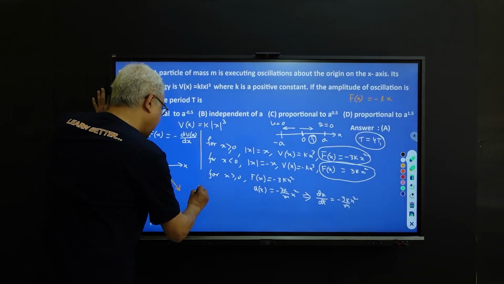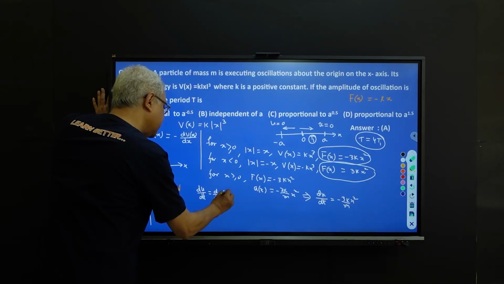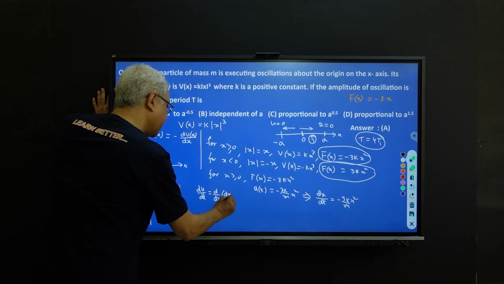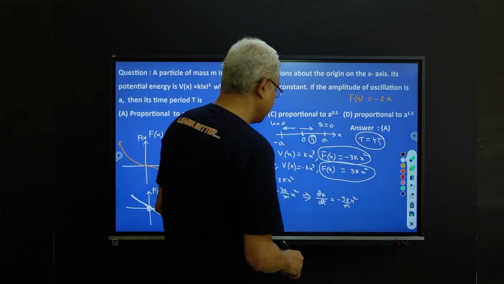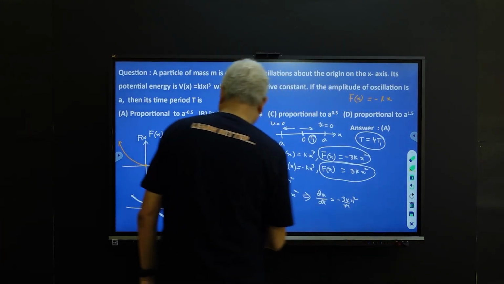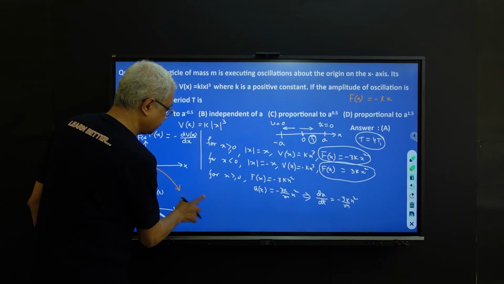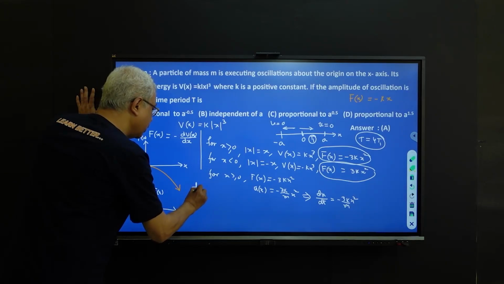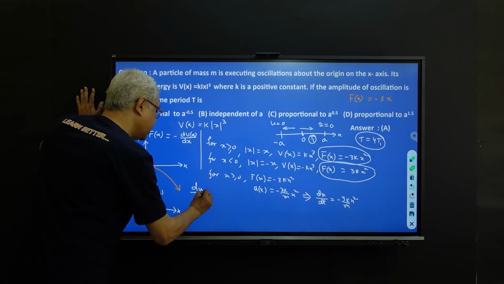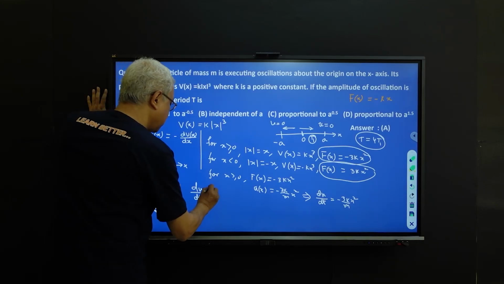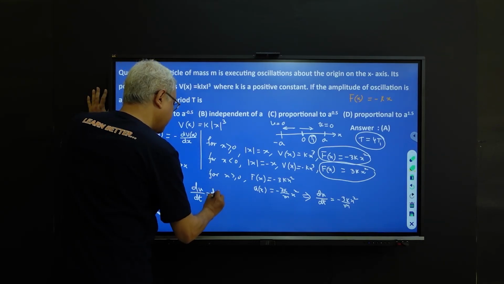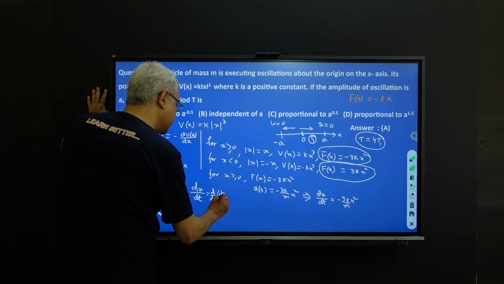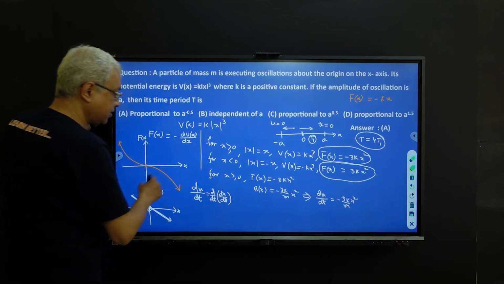Now du/dt I can write by applying chain rule. du/dt is d/dt of dx/dt, this is acceleration.